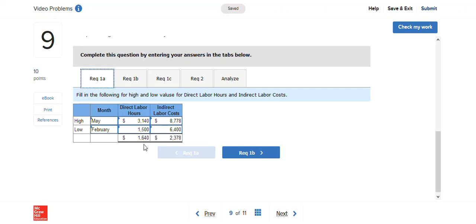So we're basically getting an amount of indirect labor per direct labor hour. So you're going to take the difference in cost, which is $2,378, and divide that by 1,640 hours, and that's going to give you an amount per hour. And the amount per hour with the numbers that I was given is $1.45.